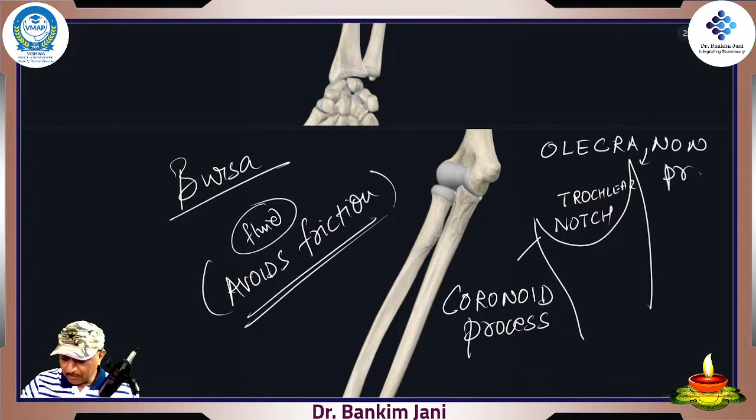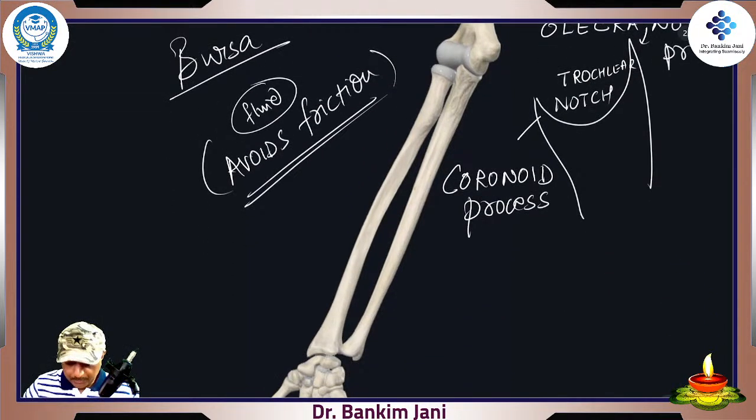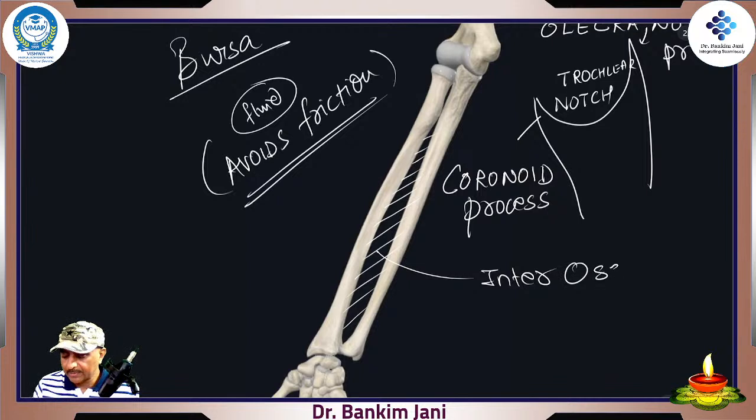So we have now coronoid process, olecranon process, trochlear notch, and that's what we were talking about for the radius and ulna. In between these bones, there is a membrane, and it is called the interosseous membrane.